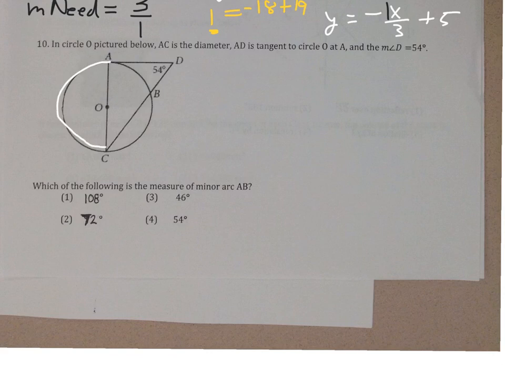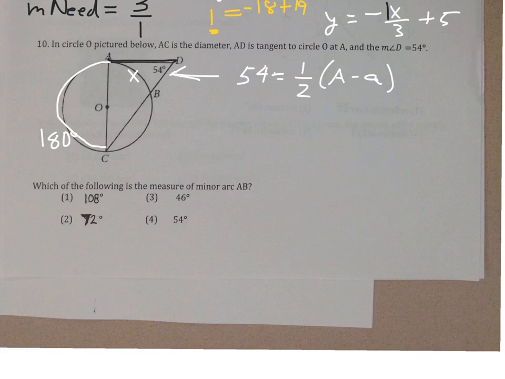This would be 180 degrees for this semicircle, and we're looking for this arc here. And there's a rule when it comes to the exterior angle, that the exterior angle is equal to half of the arcs subtracted from each other, the arcs that make up the result when that angle cuts through the circle in those places.